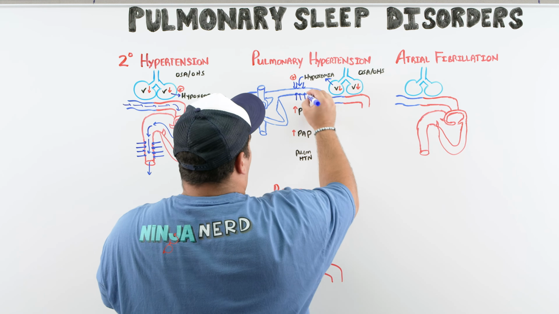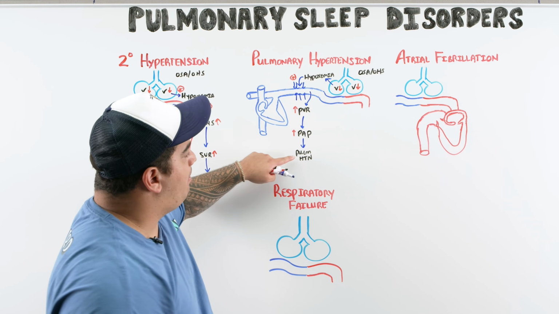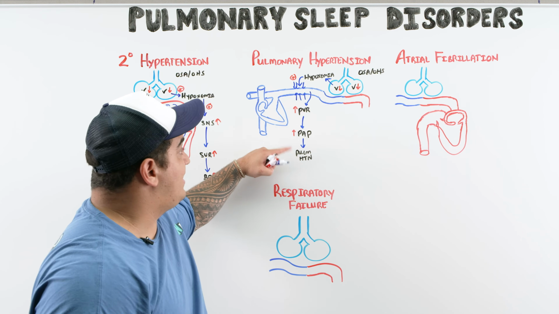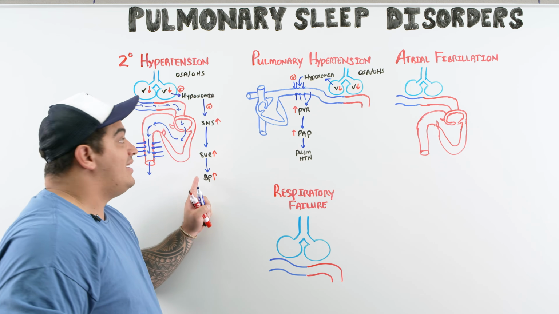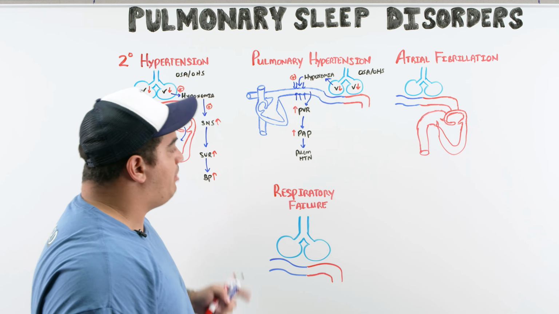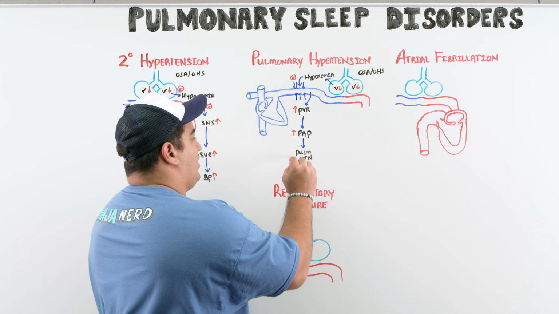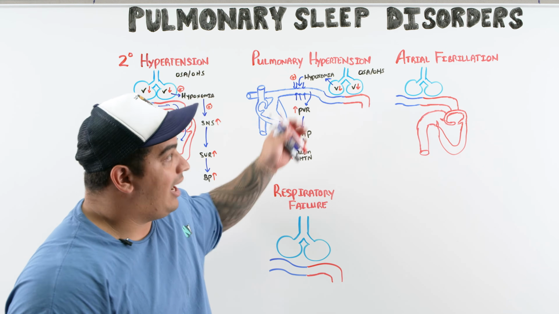Now, as a result here, if patients develop pulmonary hypertension, one of the big things that can occur here is that this can lead to the development of right heart failure. Just in the same way, essential or systemic hypertension can lead to left heart failure. So these are other potential complications, the development of right or left heart failure from persistent hypoxemia and hypercapnia.